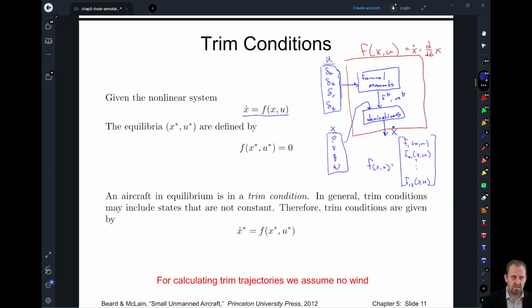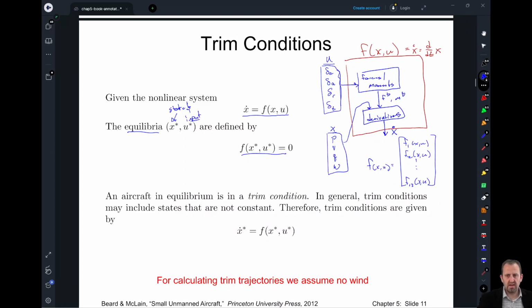Now, there's a concept known as an equilibrium. An equilibrium point is defined as both a state and an input such that our dynamics are equal to 0.